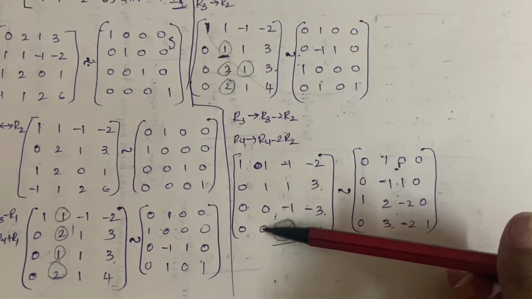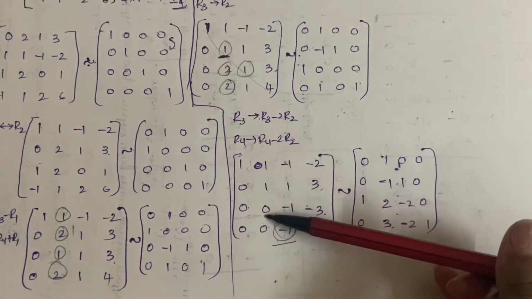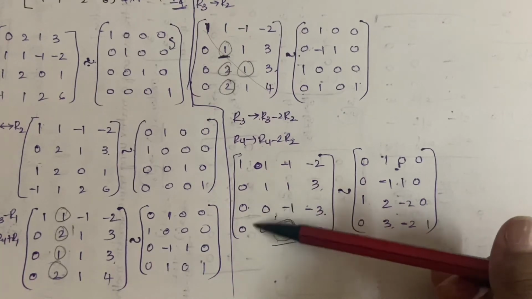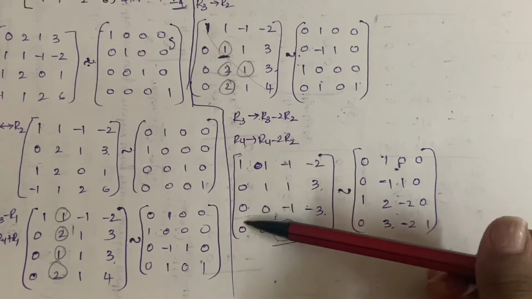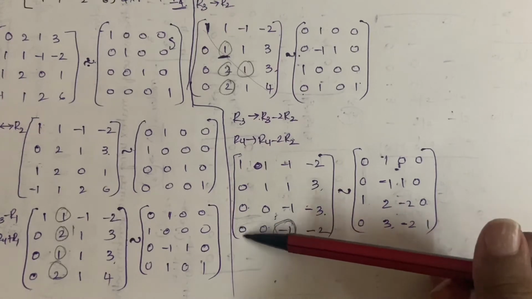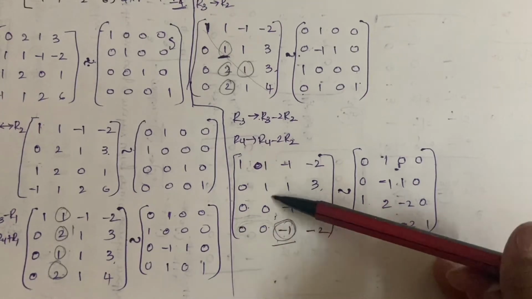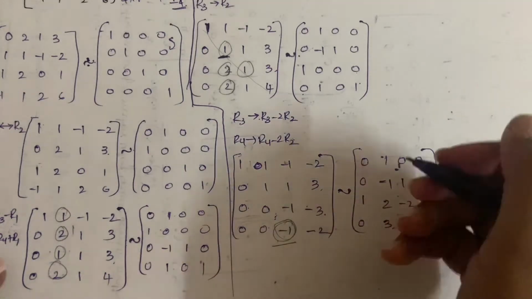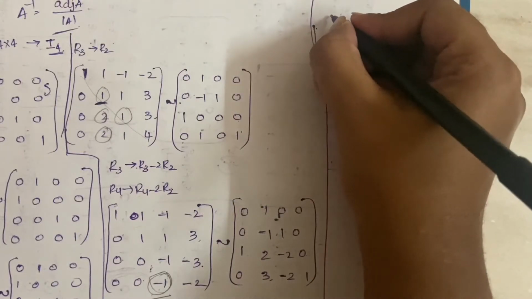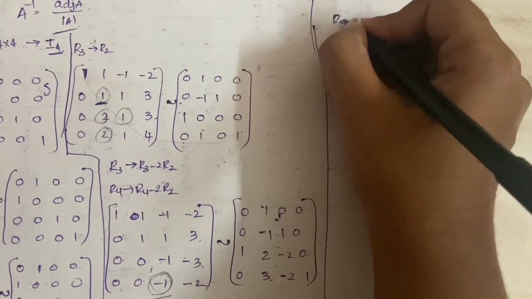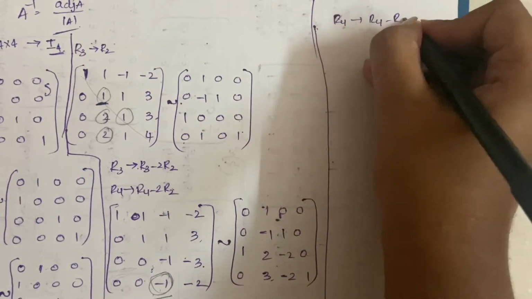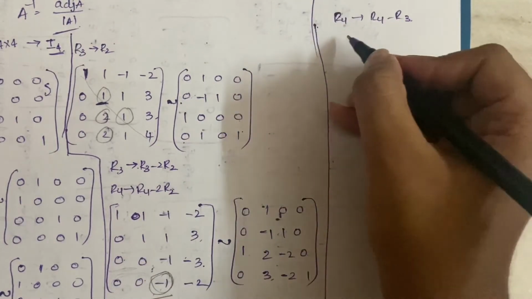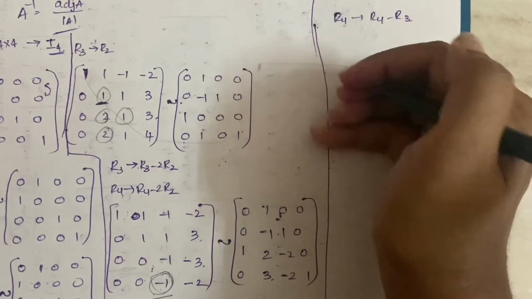This should not change. Here we have both zeros only, so whatever operation you do, the value will not change. To protect these zeros, we are not using R1 or R2, we are using only R3 to do this. So our operation will become R4 minus R3. Rows 1 to 3 will be as it is.